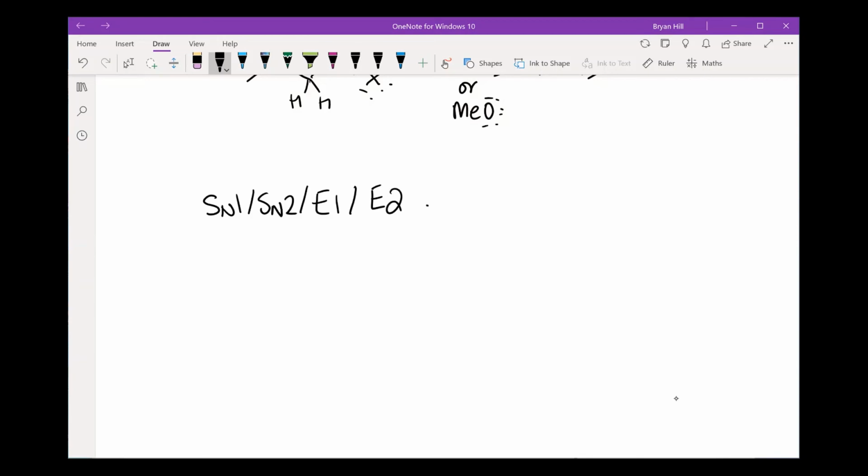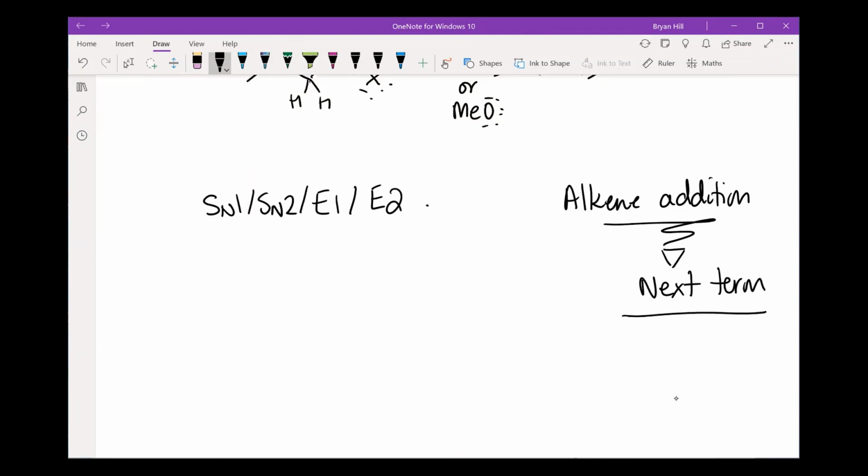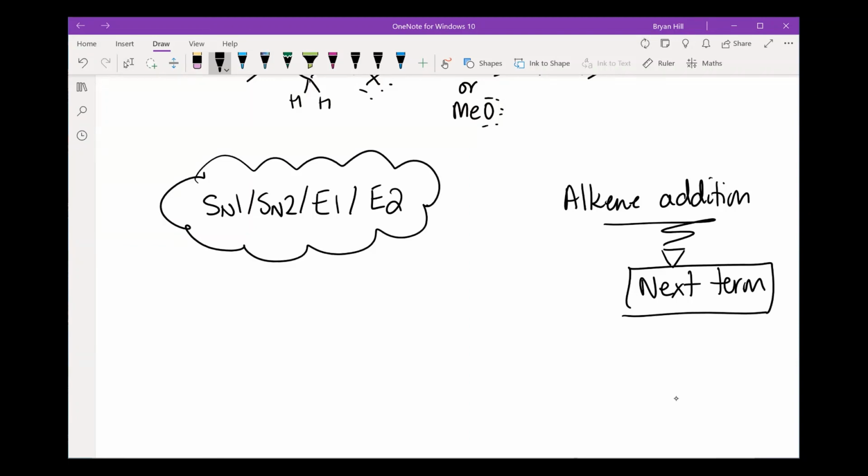On Moodle, there's another part of the alkene section which talks about alkene addition reactions. We're going to be doing that next term. So that's where we're going next. We haven't gotten to that. So this is where it's basically going to end, at this part here.